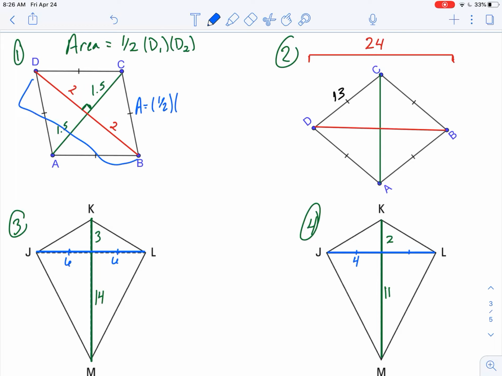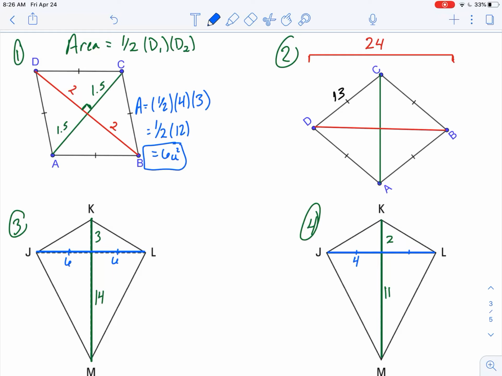So in this first case here, it would be area equals 1/2, and the first diagonal here is 2 plus 2 is 4, times the second diagonal of 3.